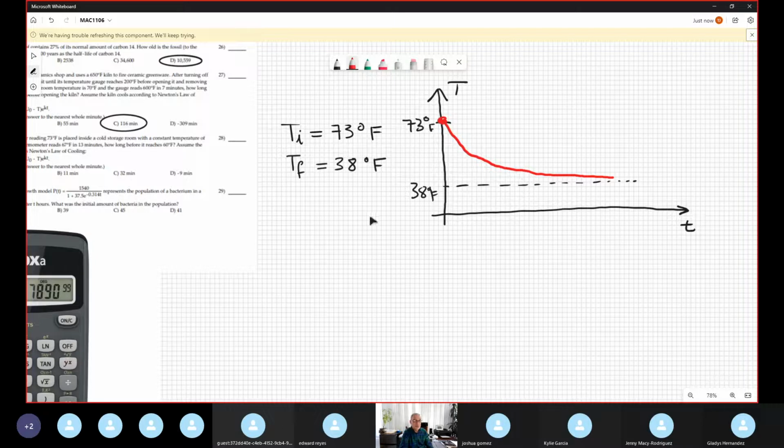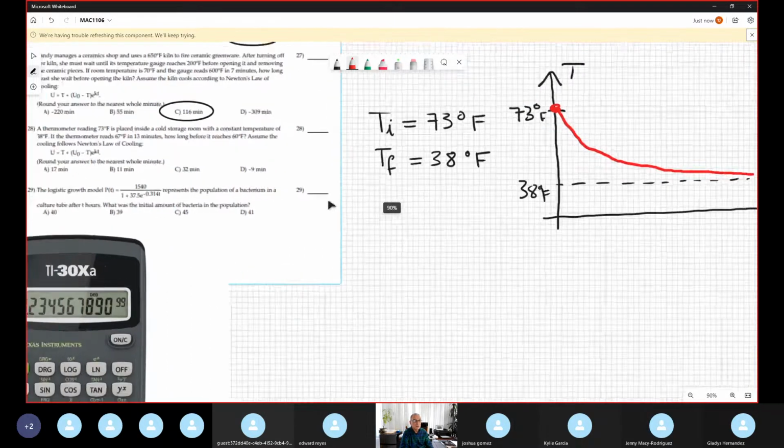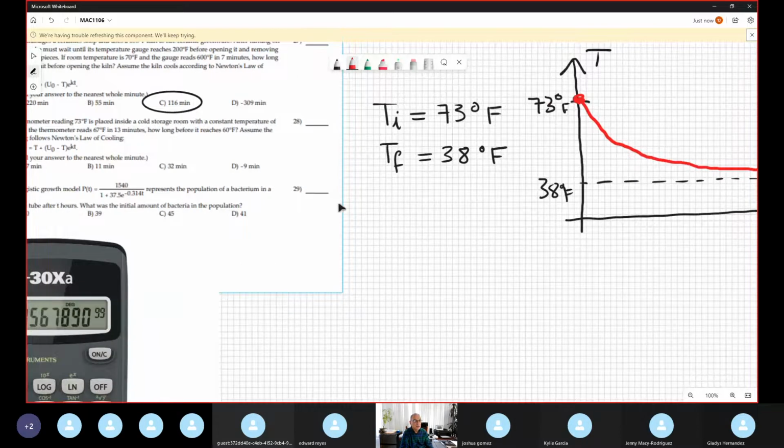Okay, one more piece of information is given: the thermometer read 67. We have one temperature, which is 67, sorry. And this happened at 13 minutes.